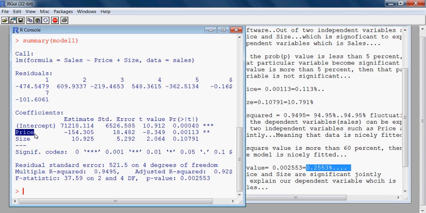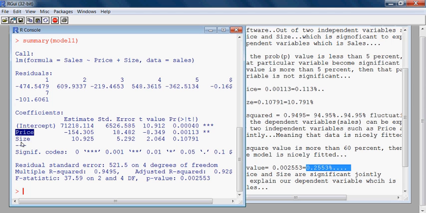Now here what is happening? Out of two variables, at least one variable is significant. So out of two, 50% of the variable is significant. So we are happy about the model because at least 50%, out of two, one is significant, right? So what is the guideline? The guideline is if most of the variables are significant, the model is a good model.